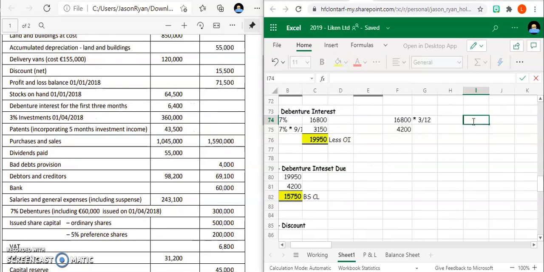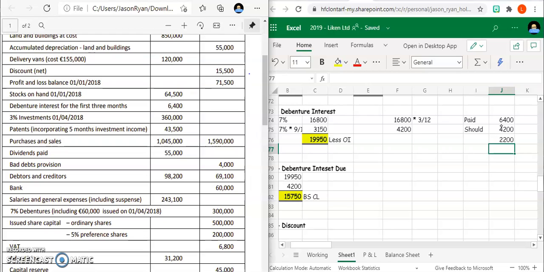Okay, so for the debenture interest, we paid 6,400. We should have paid 4,200. So that's a decrease of 2,200. So we come over to our trial balance.